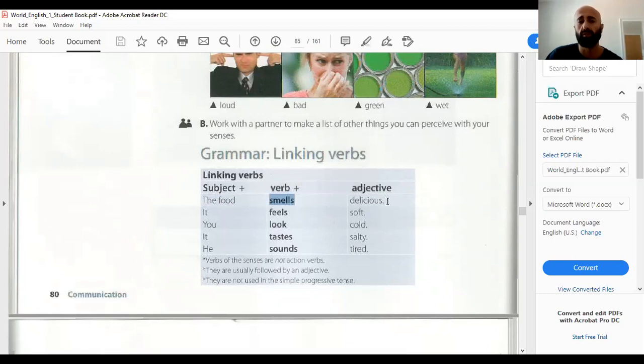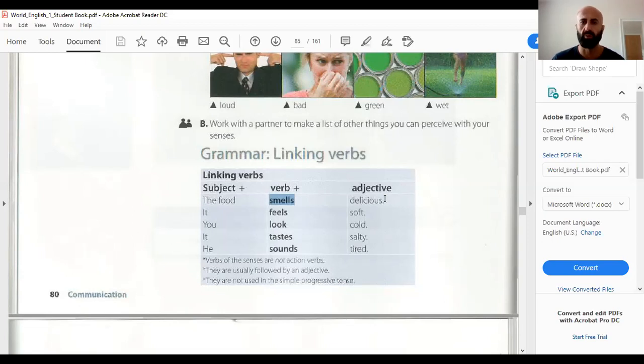But you don't say the food is smelling delicious because it's not used in present continuous tense. It's used only in simple present tense. Saying the food is smelling delicious means it's a process, and with the progression you don't use it.